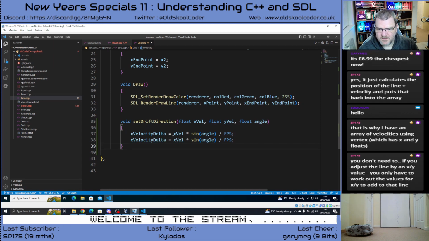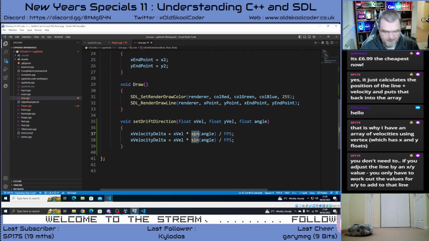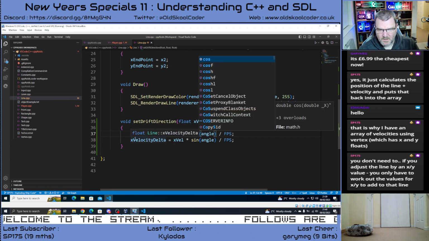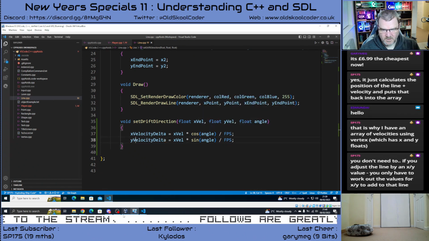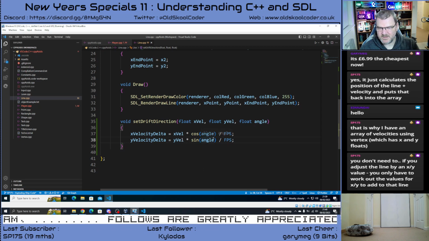In fact, that's cos, isn't it? And then y velocity delta equals the y velocity times by the sine divided by the frames a second.